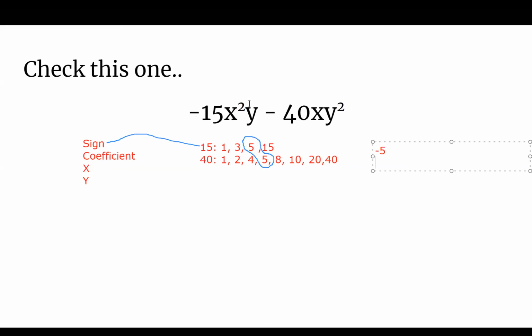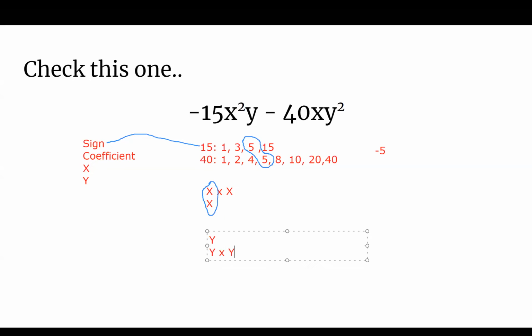Okay, now let me focus on the variables. The x variables in the first expression are x times another x. And in my second expression, I just have a single x. So as I mentioned before, when I have just one x common, I'll pick the common x for my factor. And then if I focus on the y's, my first expression has a y, my second expression has a y times another y.